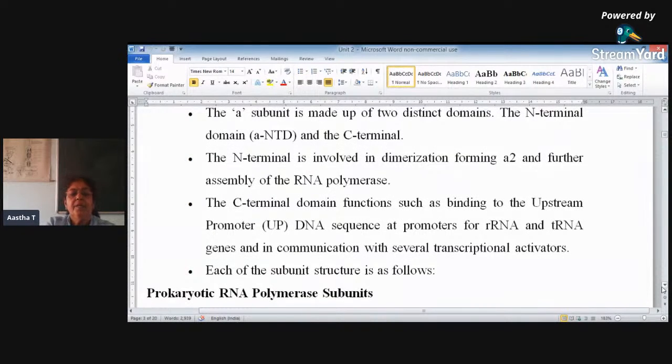In this process, several types of transcriptional activators are required. So C-terminal domain, it will bind to the C-terminal domain कोणाचा?